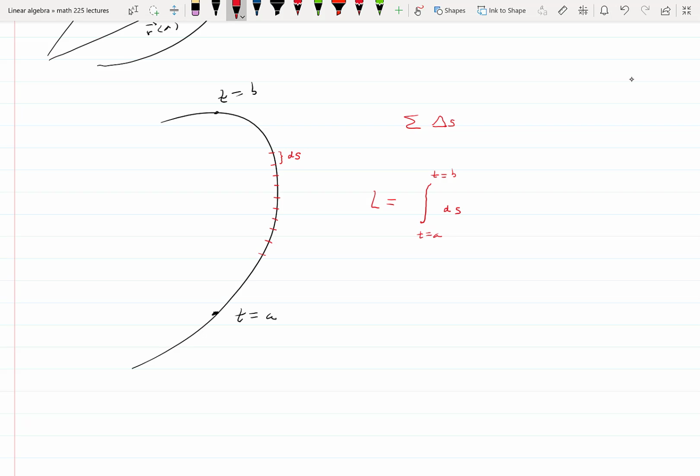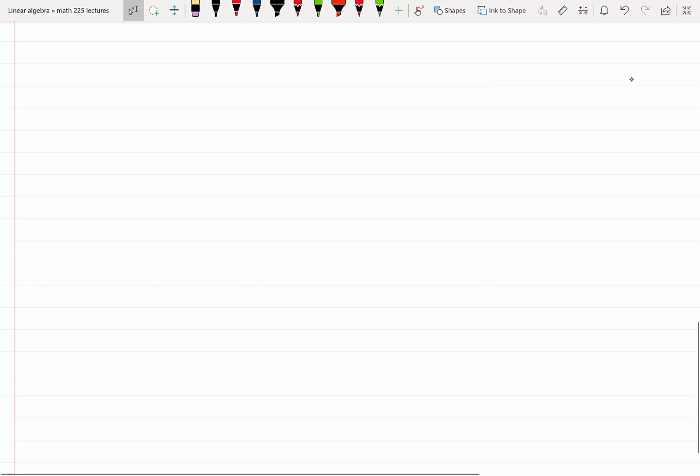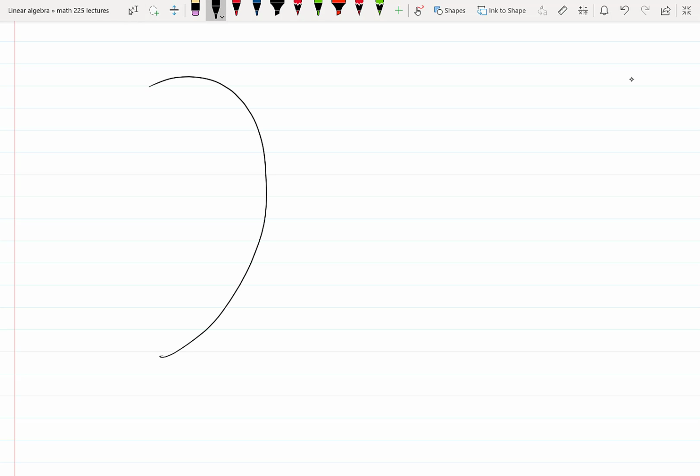Okay, so let's develop a nice little formula for this arc length. Once again, here's the curve, and let's look at a small portion of the curve captured between two position vectors, one at time t and one at time t plus delta t, where delta t isn't infinitely small, it's just some small change in time.